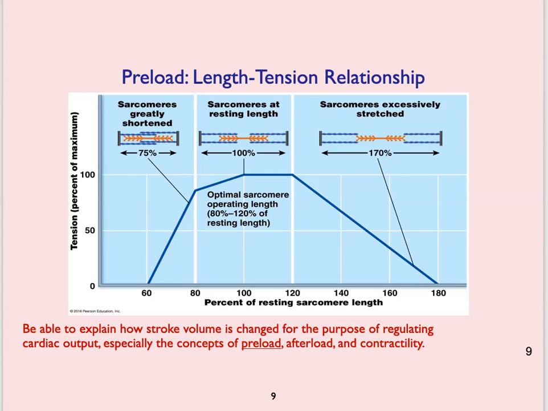At rest, cardiac muscles are shorter than optimal length, so when you slow down heartbeat, allowing for more venous return, or use the muscular pump to bring more blood back to the heart, that allows the heart muscle cells to stretch to their optimal length, increasing the contractility of the heart.